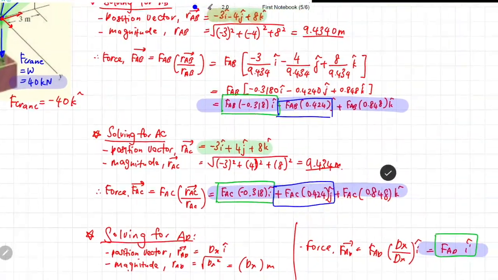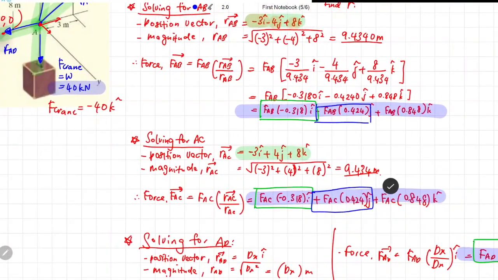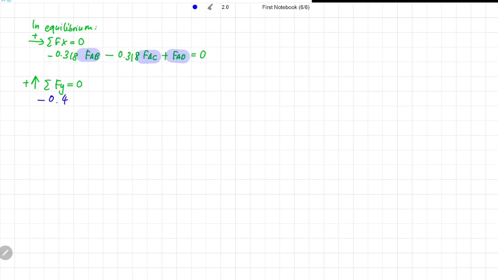Ada lagi tak? Oh, ada dua je. So that would be nice. So we rewrite that magnitude into our equilibrium equation here, whereby negative 0.424 FAB tambah 0.424 FAC, and that would be equivalent to 0.